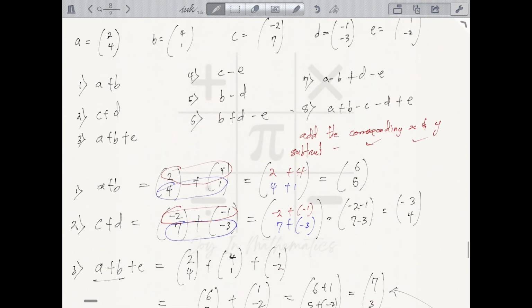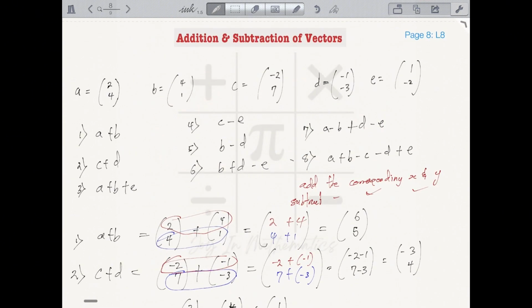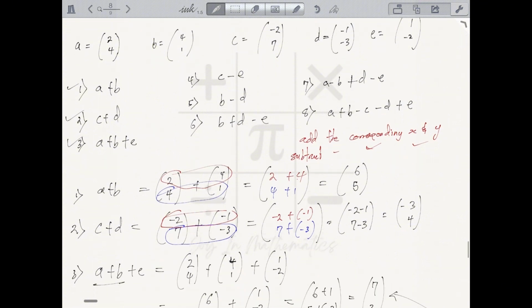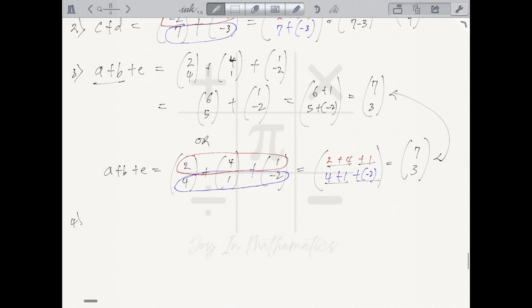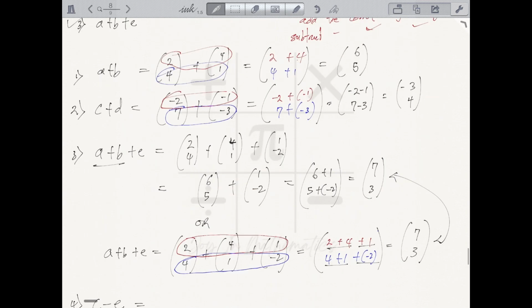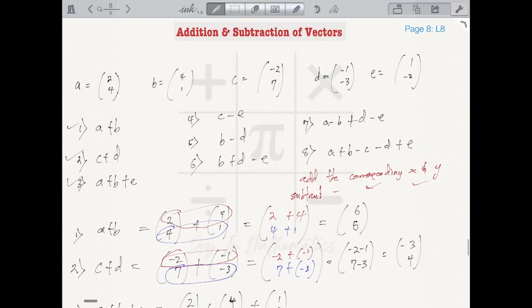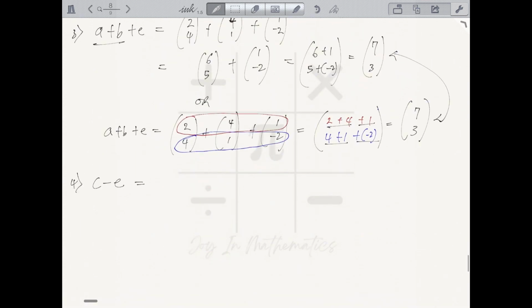So now we have solved mainly addition: A plus B, C plus D, A plus B plus E. Now let us resolve C minus E. That's question 4. What is the vector C? The vector C is (-2, 7), and E is (1, -2).